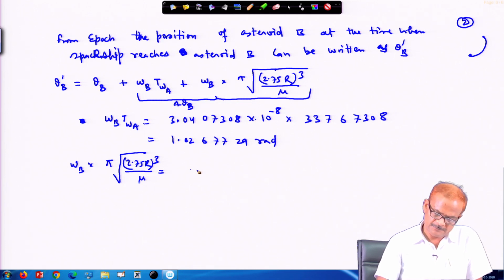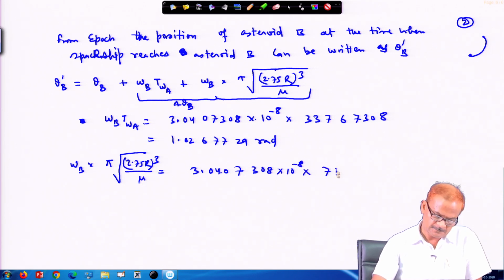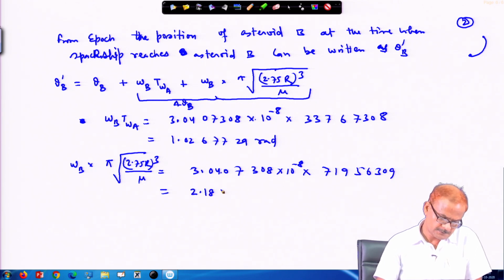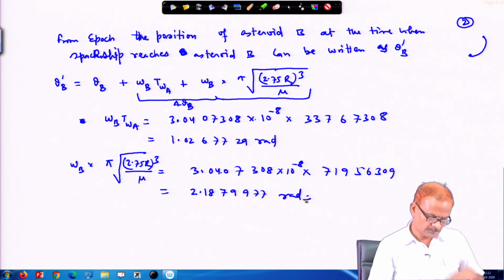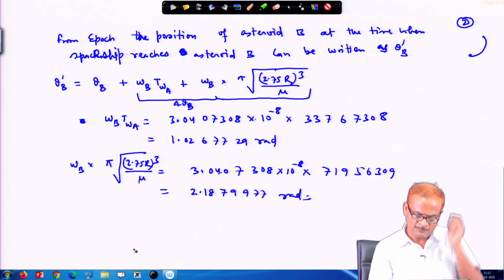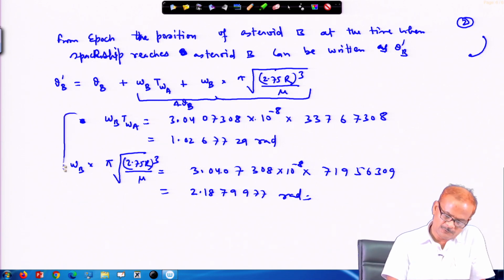So, this turns out to be 3.0407308 into 10 to the power minus 8 times 956309. And adding both of them you get here delta theta B.